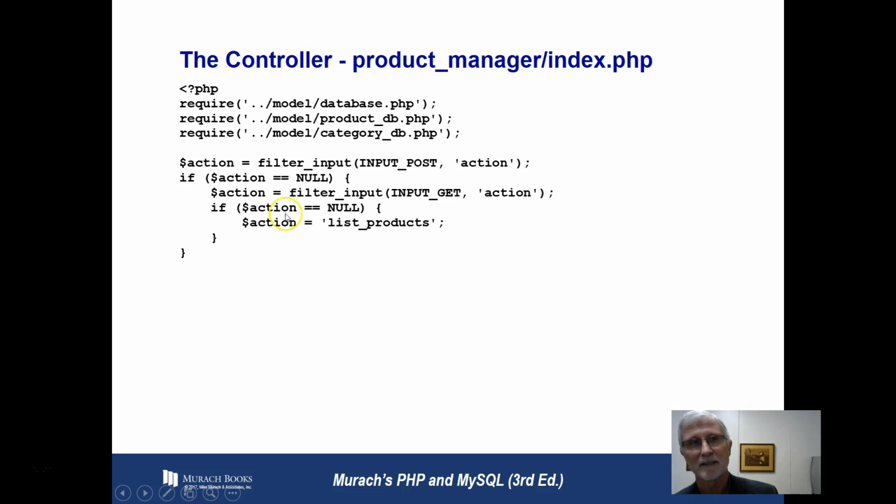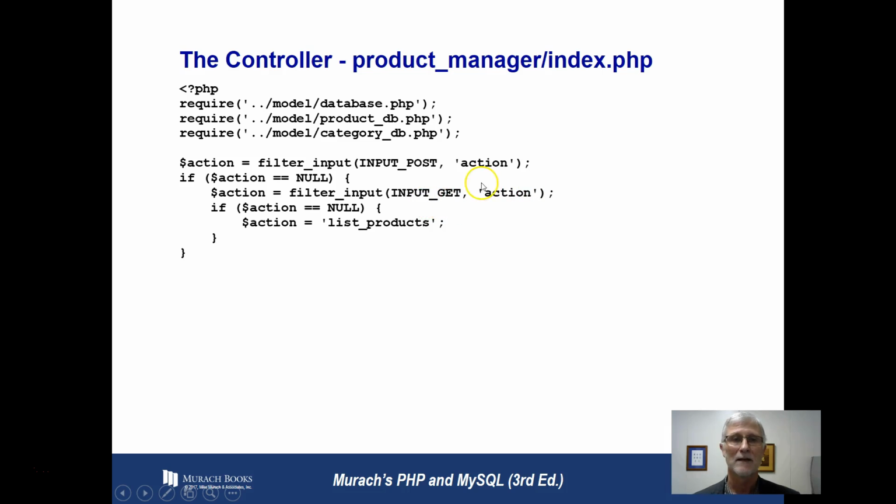In this case, you look at the controller, the product manager, and that's really what we're talking about. This is the name of the product, my product manager, and I've got an index PHP file that says what? I'm going to call my different database routines, make sure that they're in play, and then I'm going to gather information from each one of these.